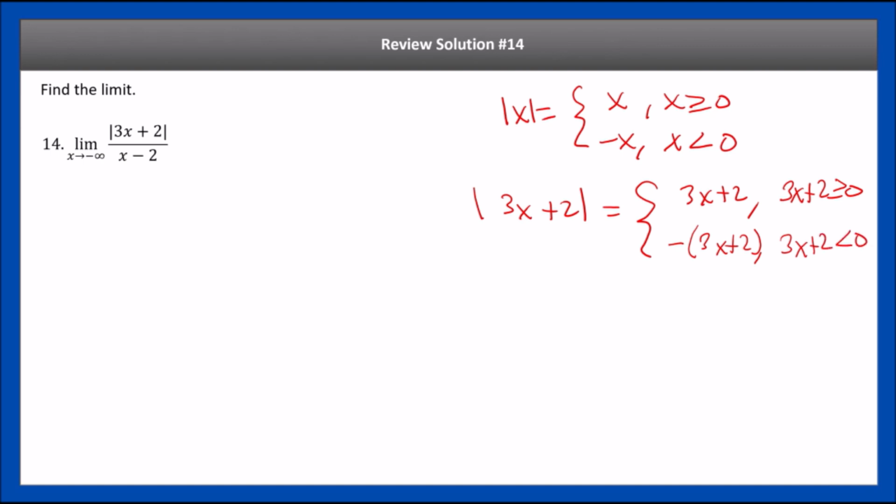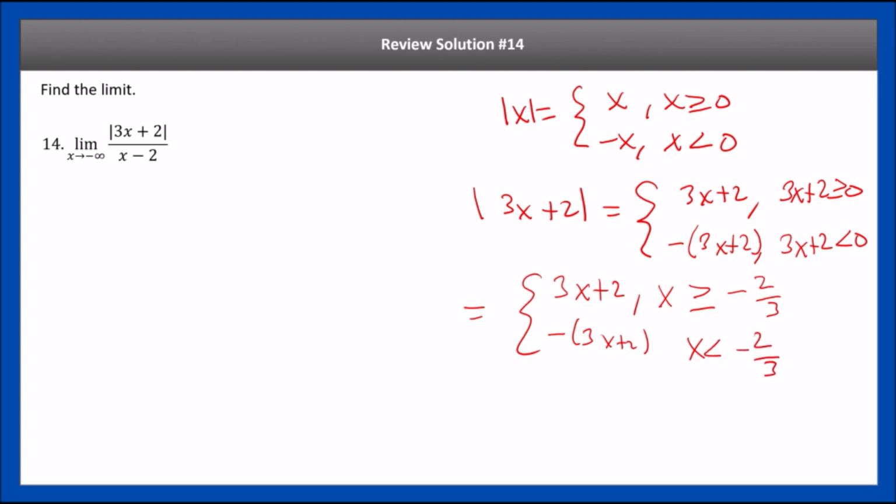If we look at that template, we can see why that's the case. We have to set the inside greater than or less than 0. In other words, this is equal to 3x plus 2 as long as x is greater than or equal to negative 2/3, or it's equal to the opposite of itself when x is less than negative 2/3. Basically, we're solving these inequalities for x.